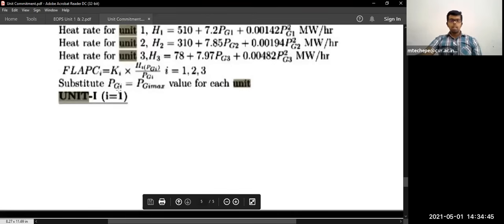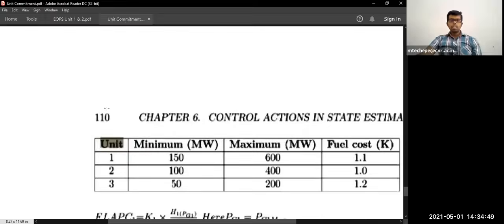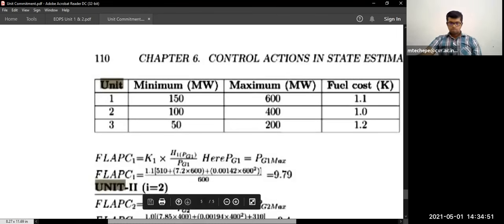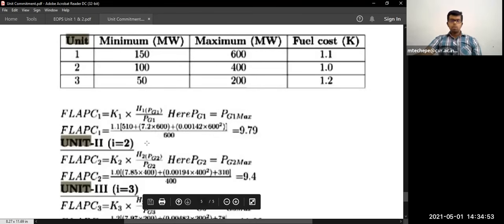So for unit 1, we substitute i is equal to 1. So FLAPC 1 is equal to K1 into H1 of PG1 divided by PG1.